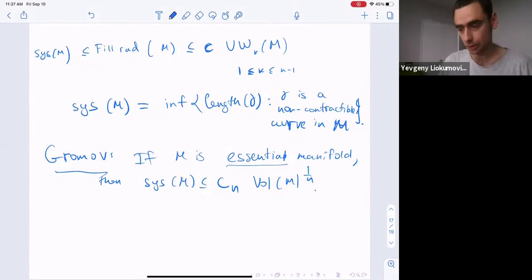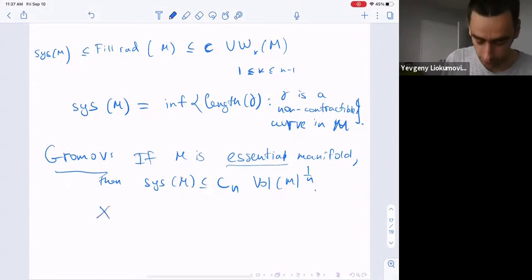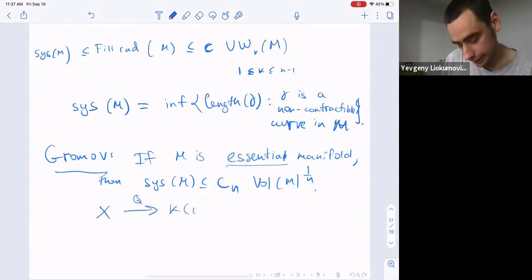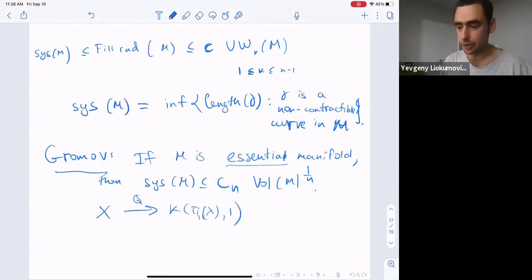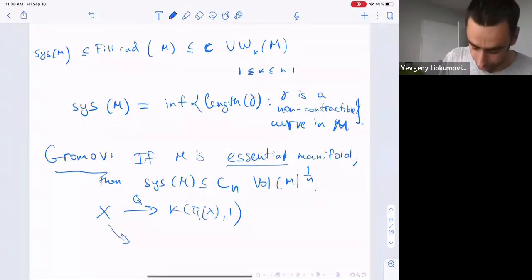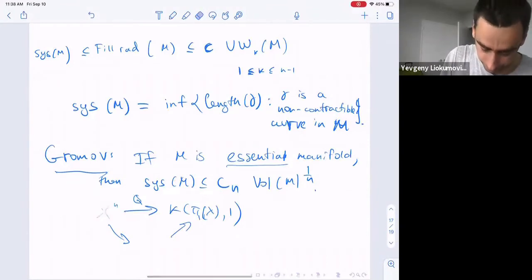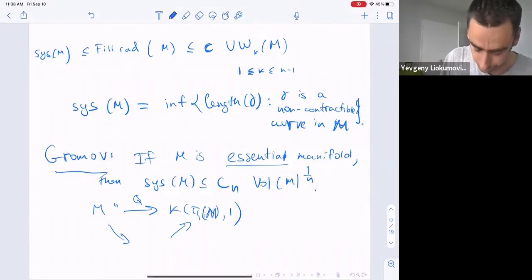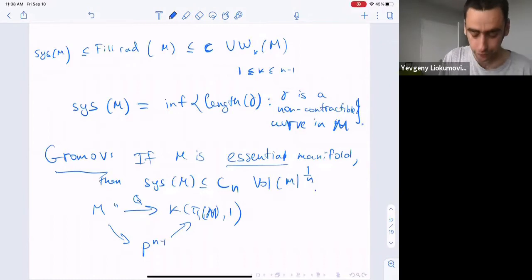lower dimensional polyhedral complex. So basically, if you look at a map from X to K(π1 X, 1), an Eilenberg-MacLane space, and so this is my X or M, then it doesn't factor through some (n-1)-dimensional complex.